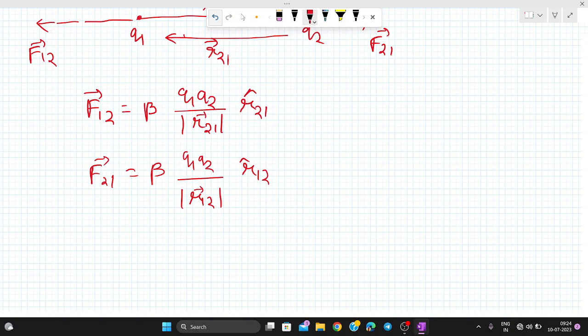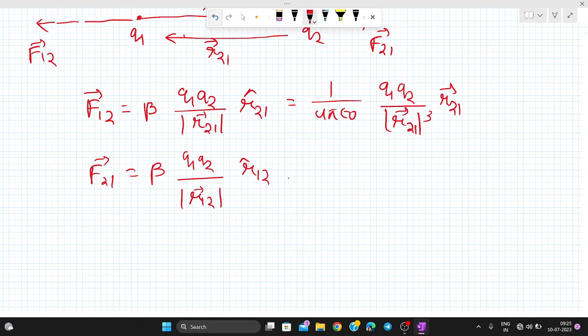Okay, is it clear to everyone? I can also write it as 1 by 4 pi epsilon naught, if I am considering free space, Q1 Q2 divided by R21 cube, R21 vector.